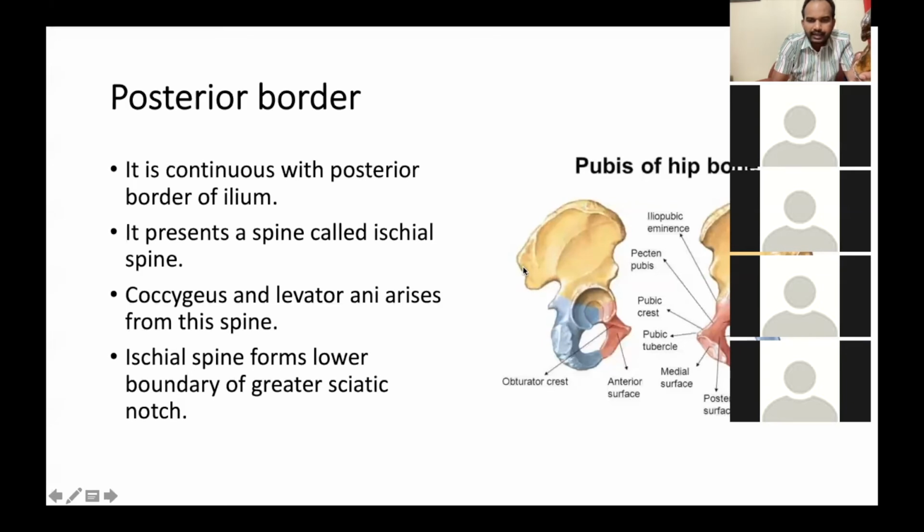You will get the idea. So this is the posterior border of the ilium. And now this is the posterior border of the ischium, the blue line. It presents a spine called the ischial spine.